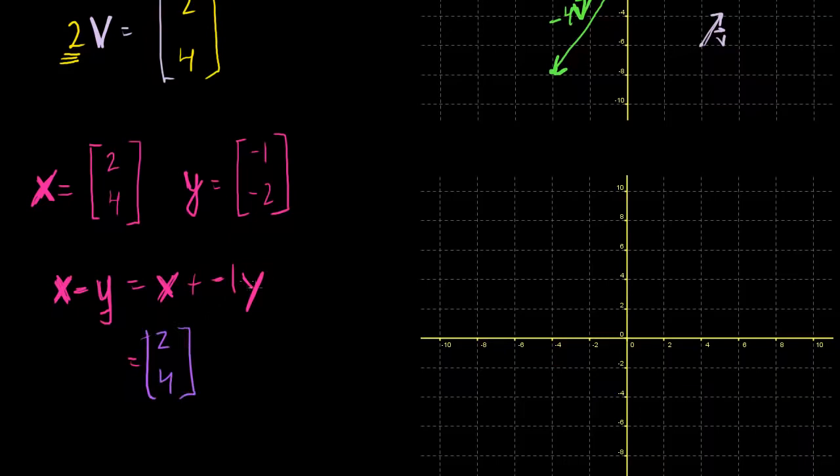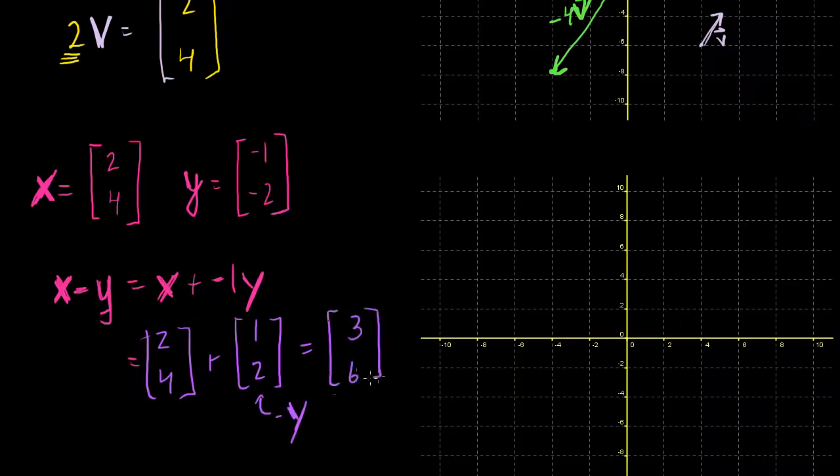And then what's -1 times y? -1 times -1 is 1, and -1 times -2 is 2. So x minus y is going to be these two vectors added to each other. I'm just adding the minus of y. This right here is minus vector y. So x minus y is going to be equal to (3, 6).